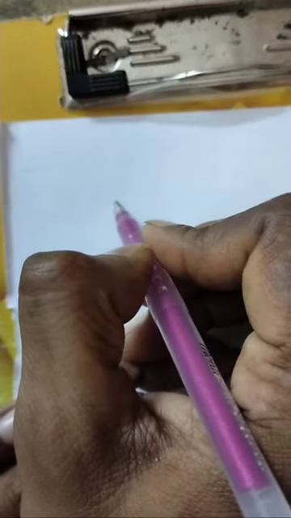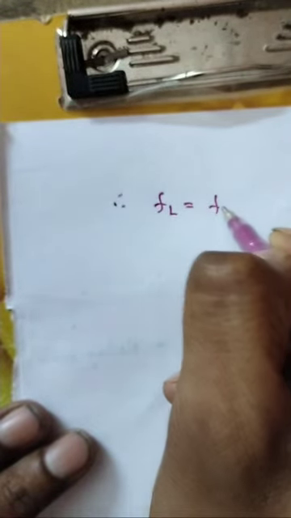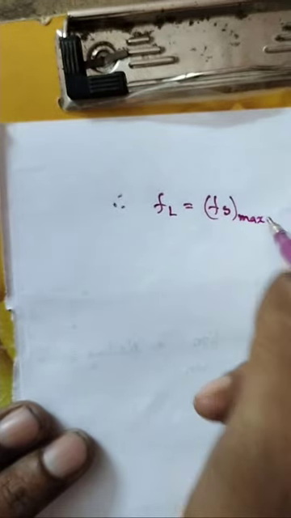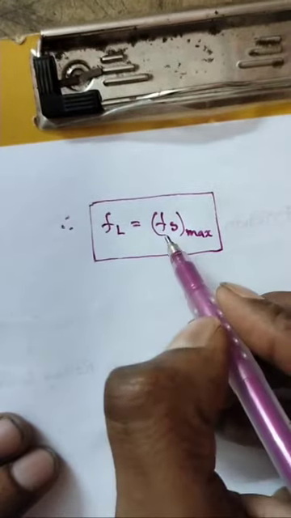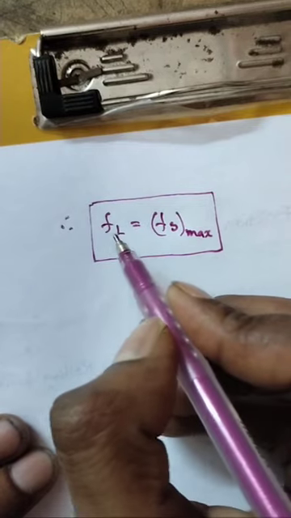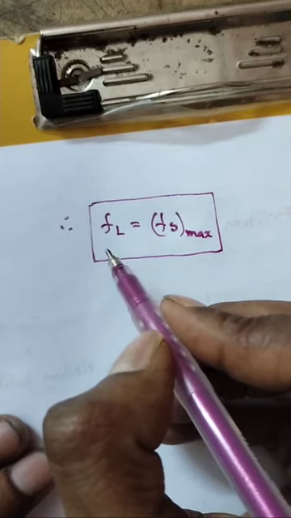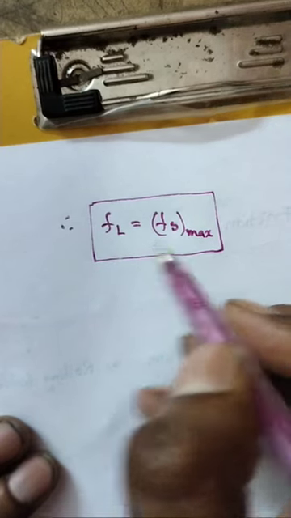So limiting friction FL is equal to Fs maximum. What is limiting friction? The maximum value of static friction is called limiting friction.